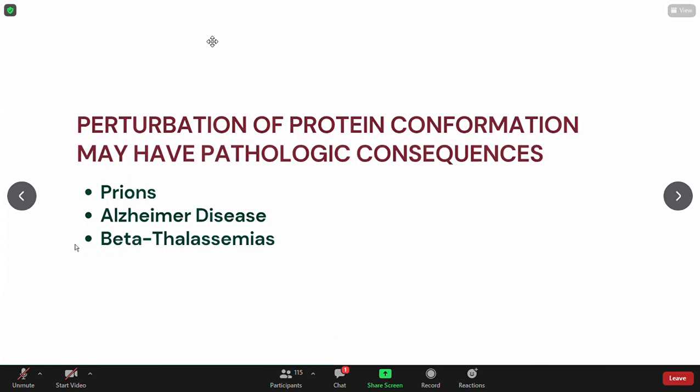So they come up with what we call beta thalassemia disorders. Prion proteins, your mad cow disease. And you know this Alzheimer's disease.